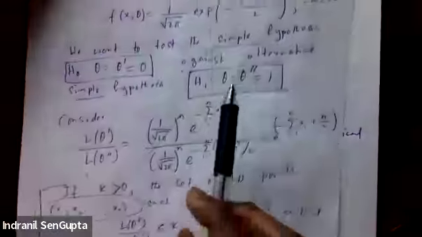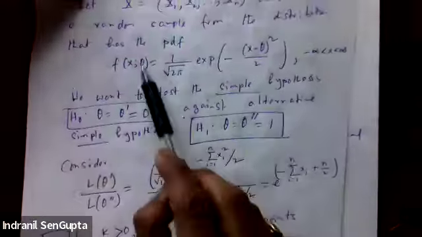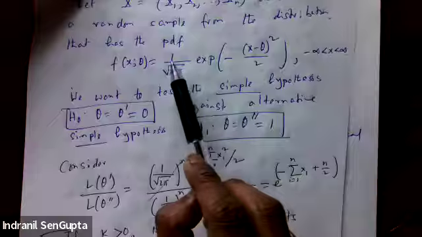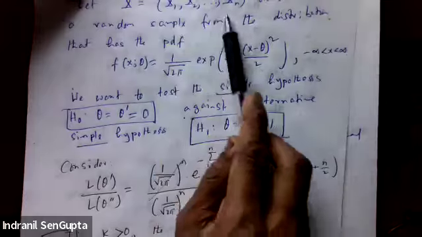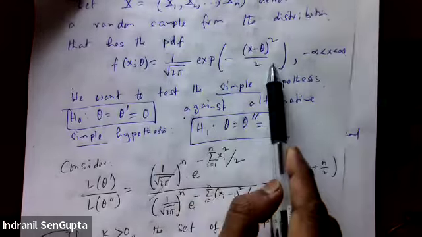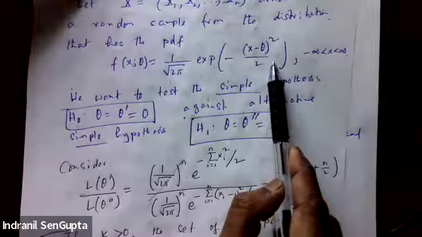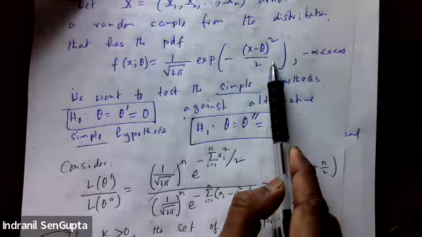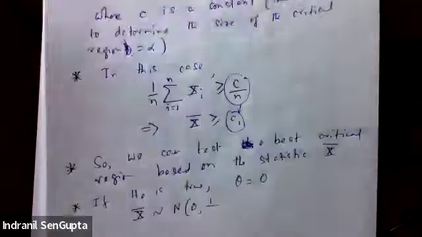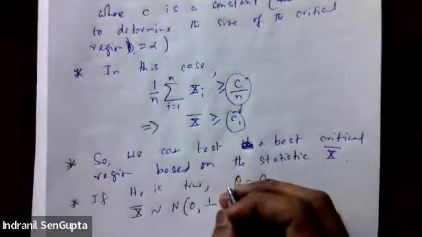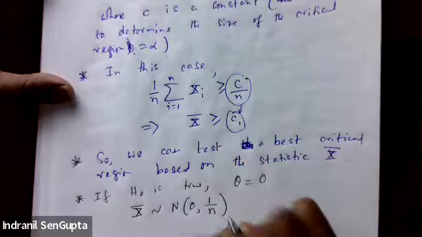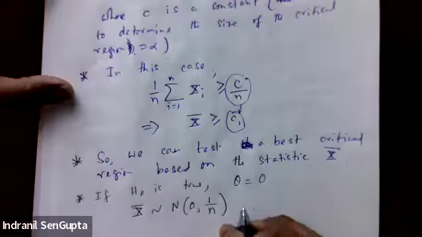Each of x1, x2, xn is given by a standard normal distribution, so it has mean 0 and variance 1. So for x bar, it will have mean 0 and variance sigma squared over n. Sigma squared is 1, so it's 1 over n, right? So X bar will be following a normal distribution.